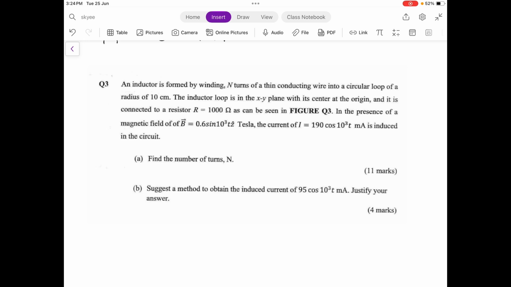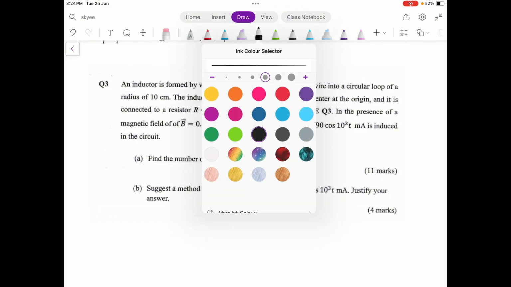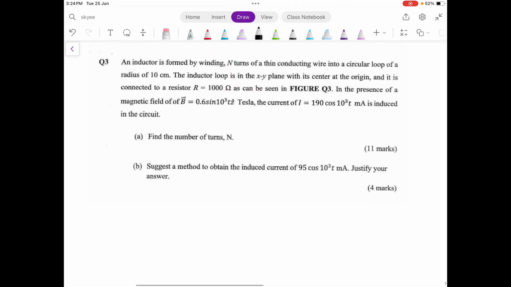Now we will look at question number 3. You have an inductor formed by winding N turns of thin conducting wire into a circular loop of a radius of 10 centimeters. So here you can imagine how your loop looks like.